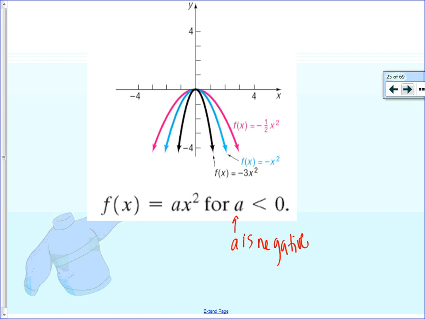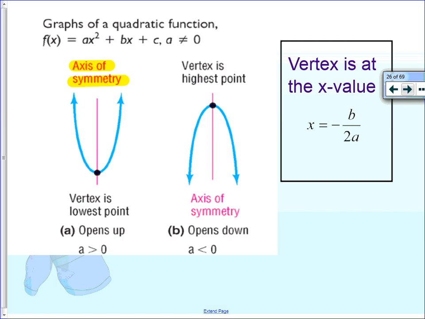There are sideways parabolas, but we're not going to talk about those quite yet. And that axis of symmetry is the line that goes straight through the vertex. The way you calculate where the axis of symmetry is located, also where the vertex is located, is by doing x equals negative b over 2a.